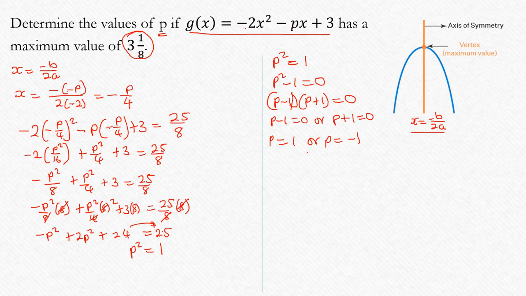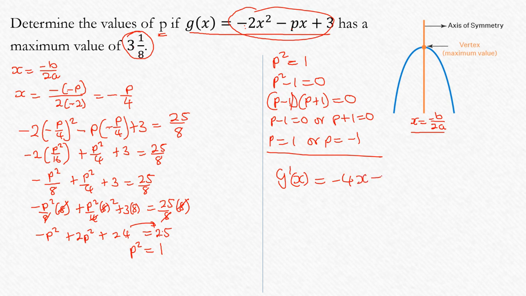I said maybe I can show you how to use calculus differentiation. At the maximum point the derivative is equal to 0, so we differentiate this. We find g prime: 2 times negative 2 is negative 4, times x, minus p.